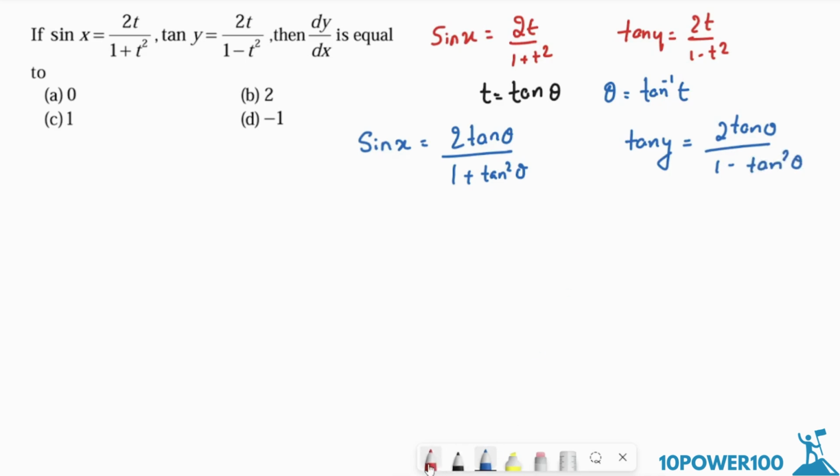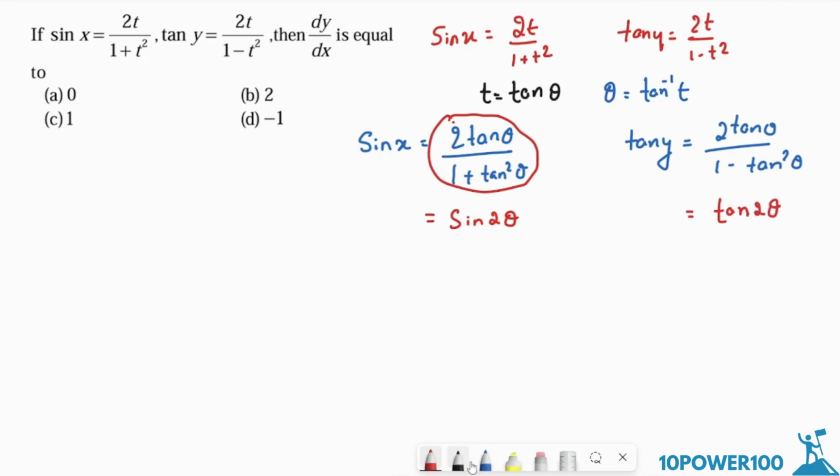I hope you all know these formulas. So 2 tan theta by 1 plus tan square theta is nothing but sine 2 theta, children, and 2 tan theta divided by 1 minus tan square theta is tan 2 theta.